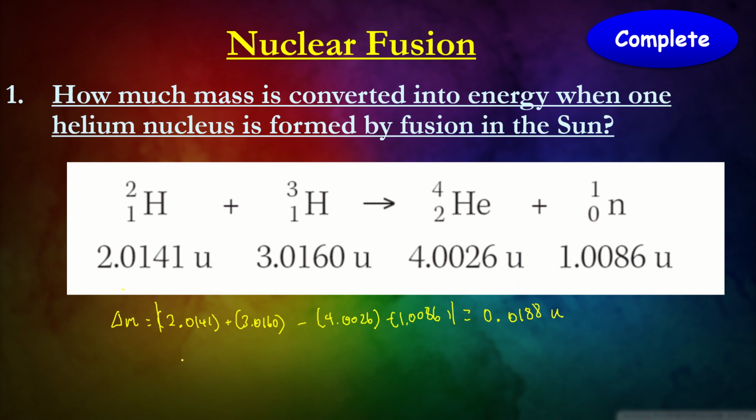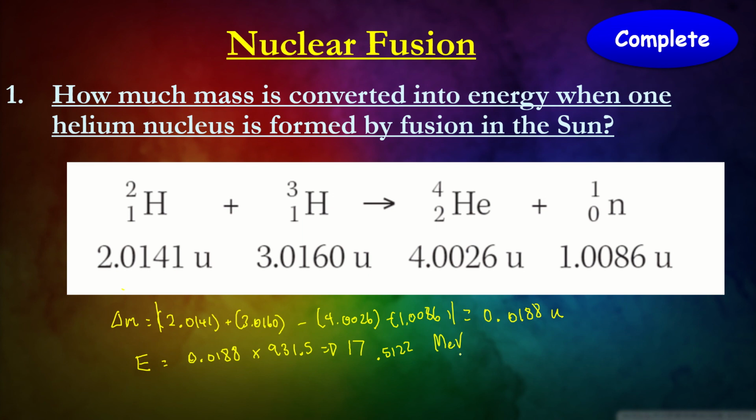atomic mass units. The energy that will be generated from this is the mass defect in atomic mass units times 931.5. So let's do that again. And the energy we get here is 17.5122 mega electron volts.